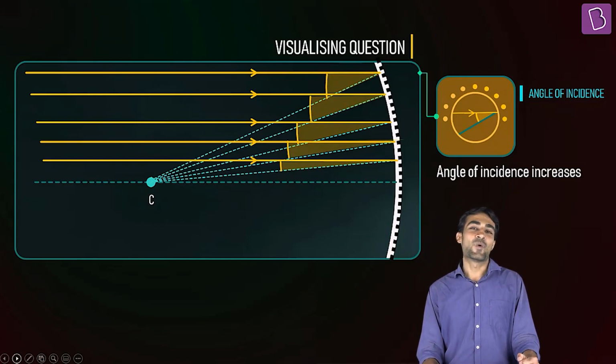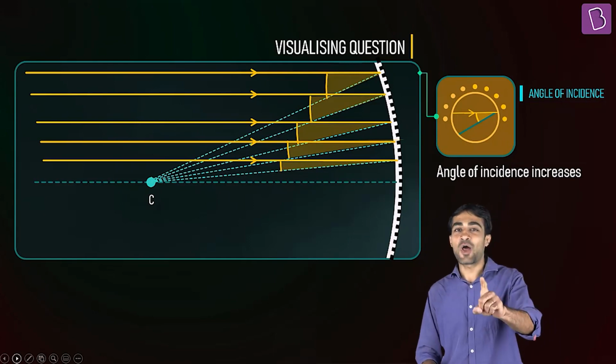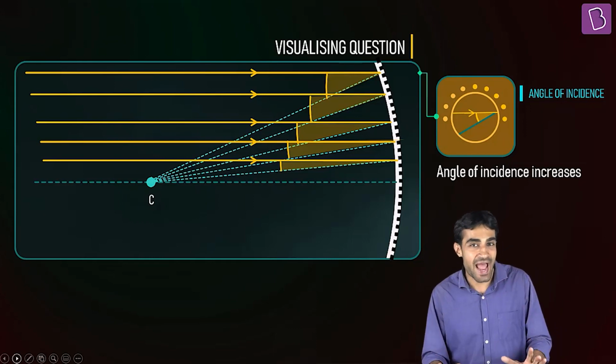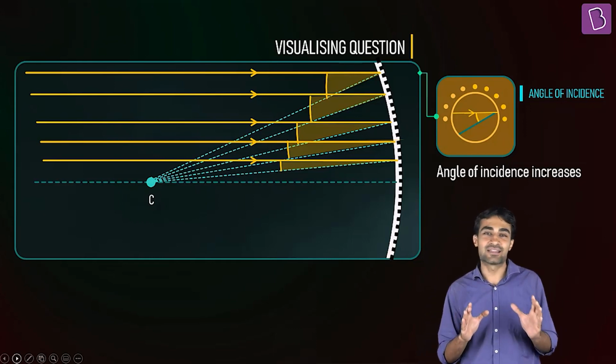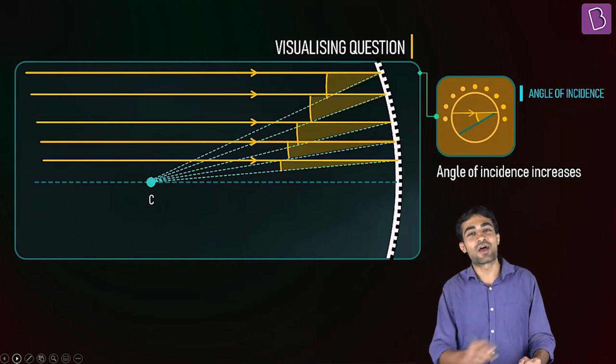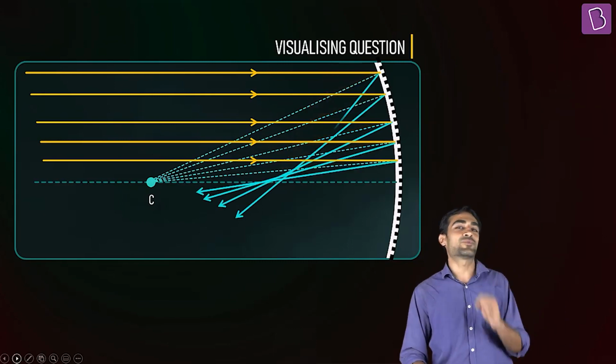According to the law of reflection, angle of incidence is equal to angle of reflection. Do you know that? Yes, we do know. This is basic stuff. So let's see the reflected light rays.